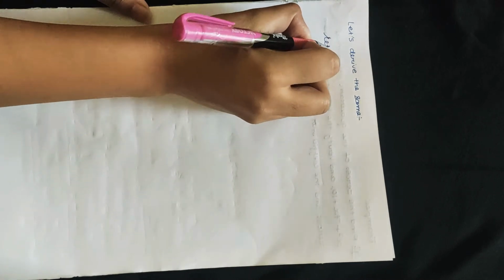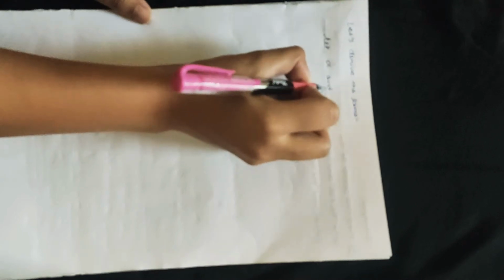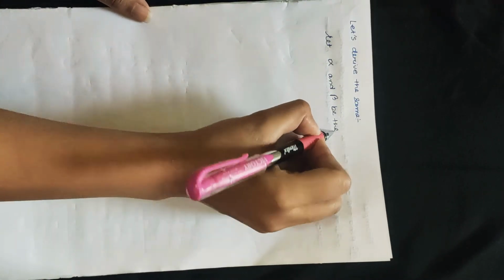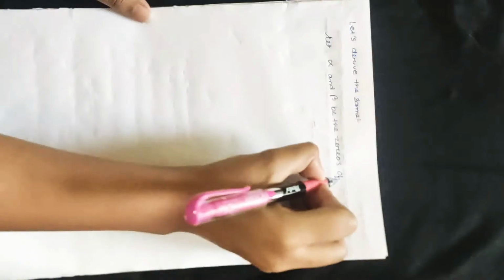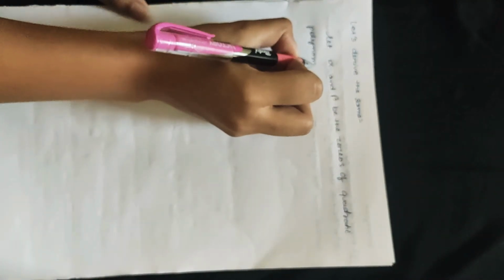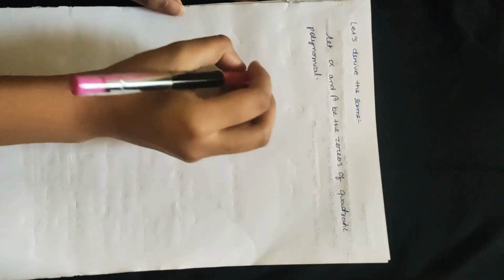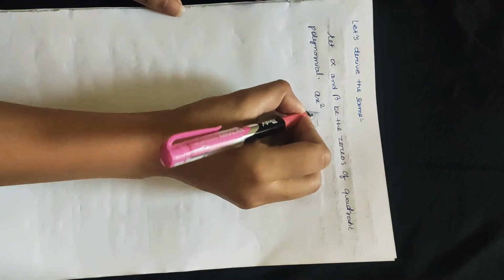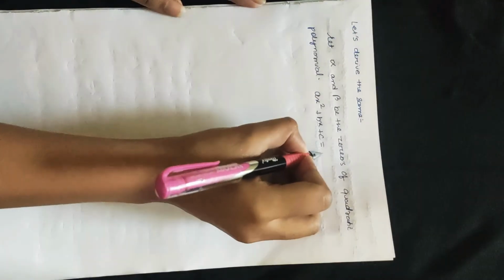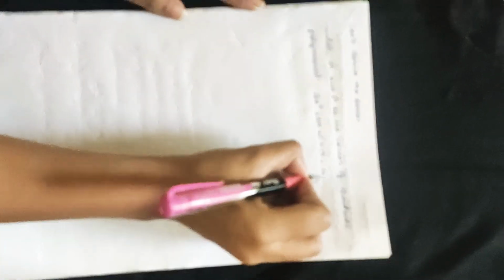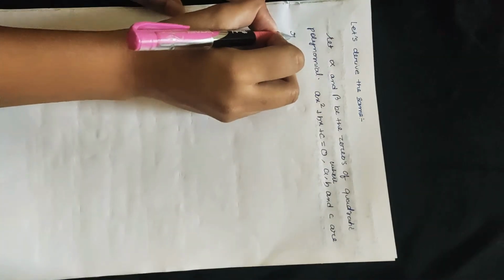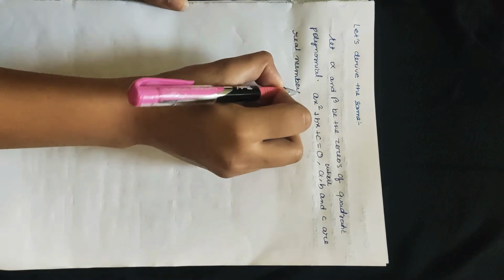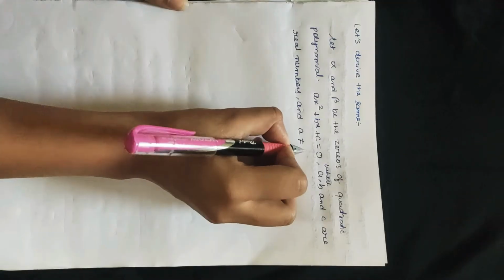So let alpha and beta be the zeros of the quadratic polynomial ax square plus bx plus c equals 0, where a, b and c are real numbers and the value of a should not be equal to 0.